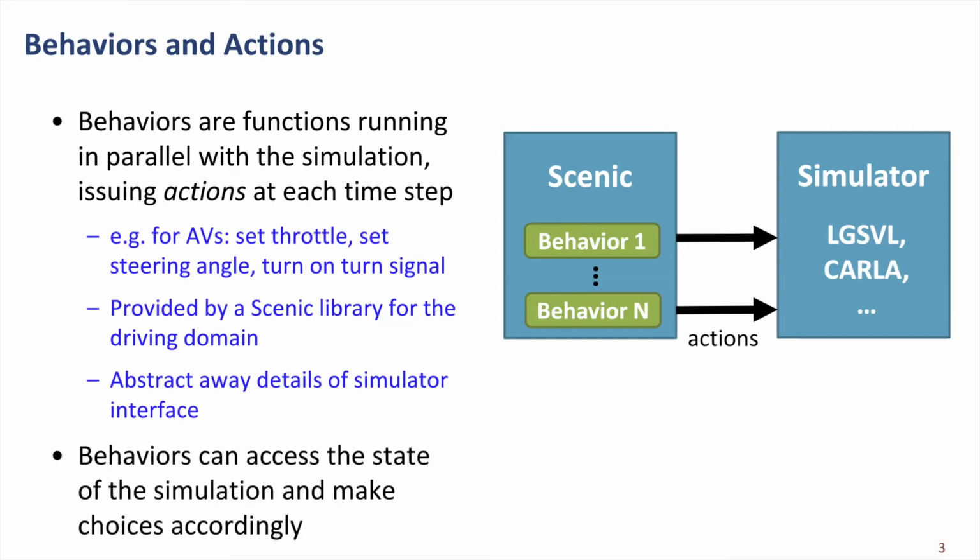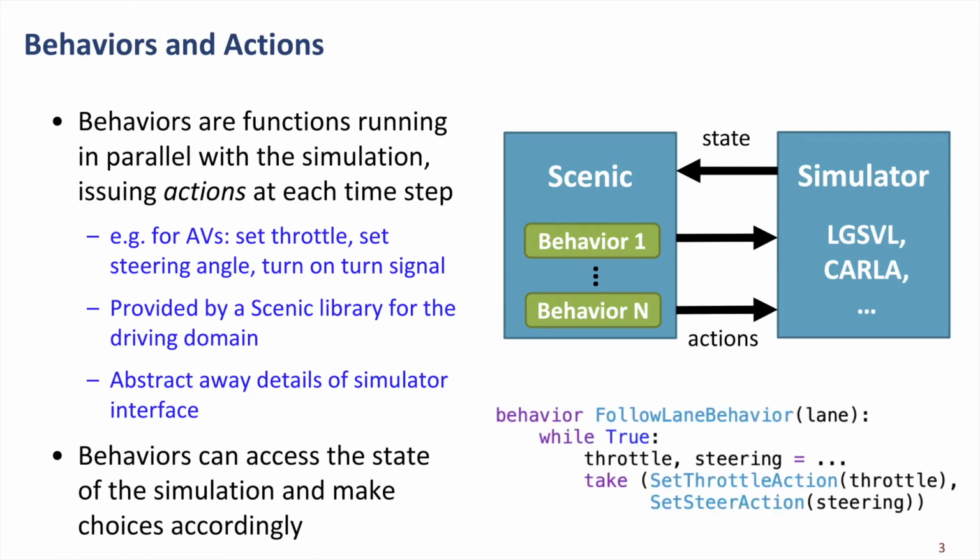And these behaviors, in order to decide which actions to take, can access the state of the simulation. So they can look at, what's my current position? How close am I to other cars, for instance, all that sort of thing. And we do that by reading back from the simulator at every time step the current state of the simulation. So for instance, we might implement a behavior for following a lane, something like this.